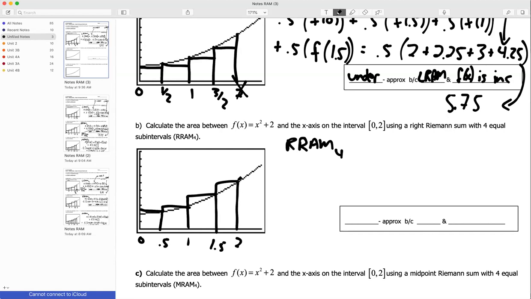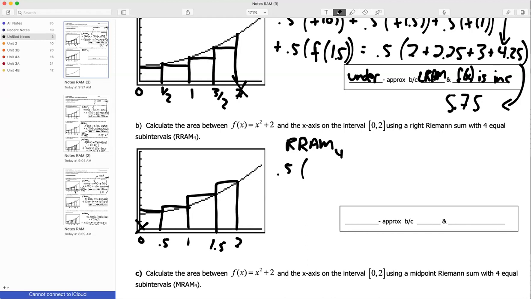So my width has not changed. It is still 0.5. What has changed is my y value. If it's a left Riemann sum like we did on the first one, I'm not going to use the last one. If it's a right Riemann sum, I'm not going to use the first one, because this first one is not part of the height of the rectangle that is on the curve.